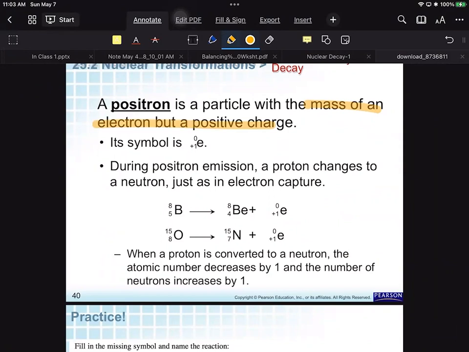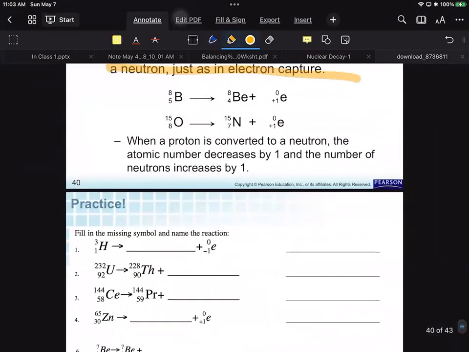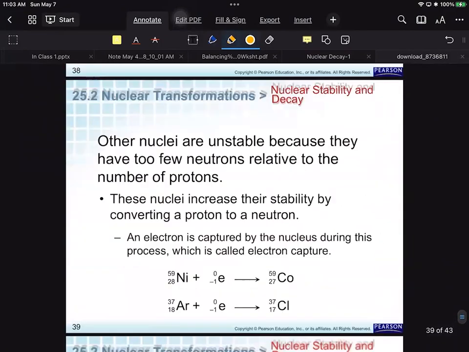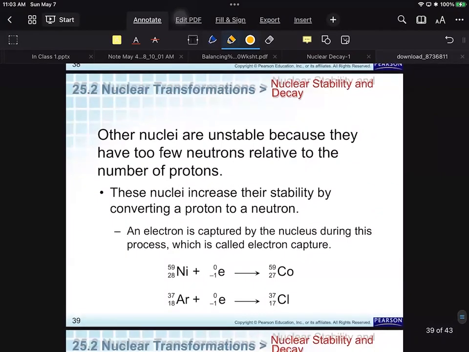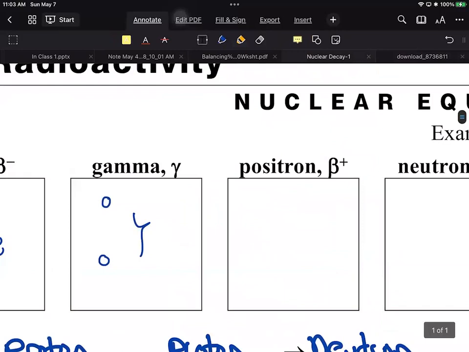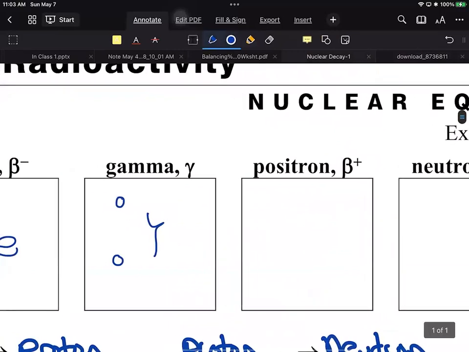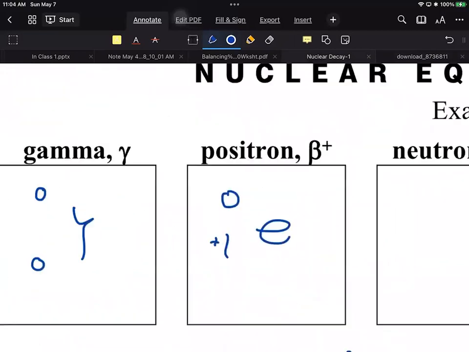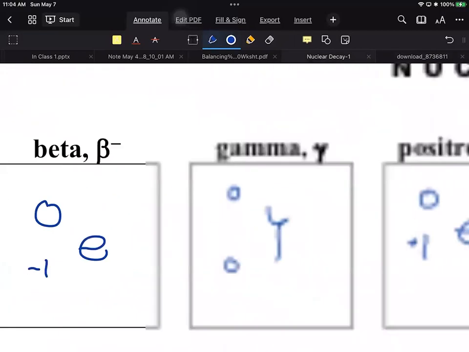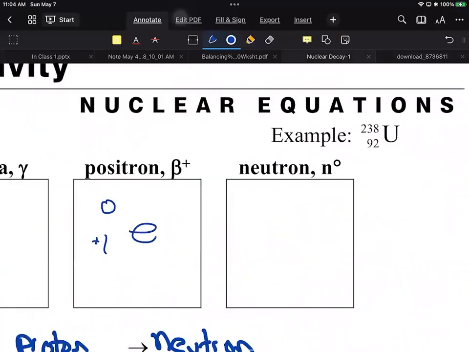For this one, what happens is that a proton changes to a neutron, and it releases a positron. 0, +1, right? The mass of an electron, but a positive charge.